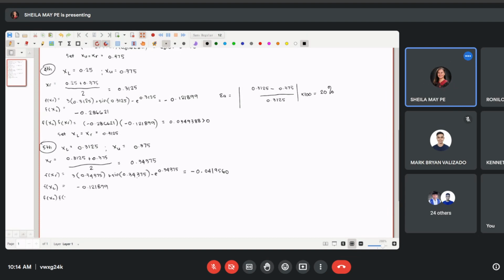So evaluation, multiplied with our function of x sub R. So that would be... Do we have the same answer?